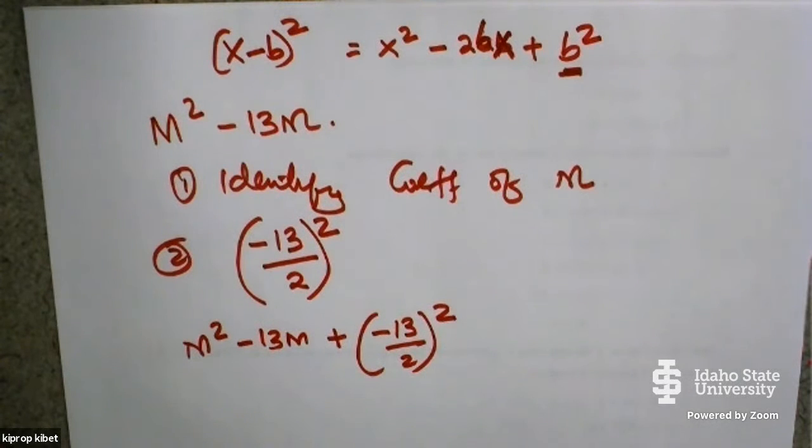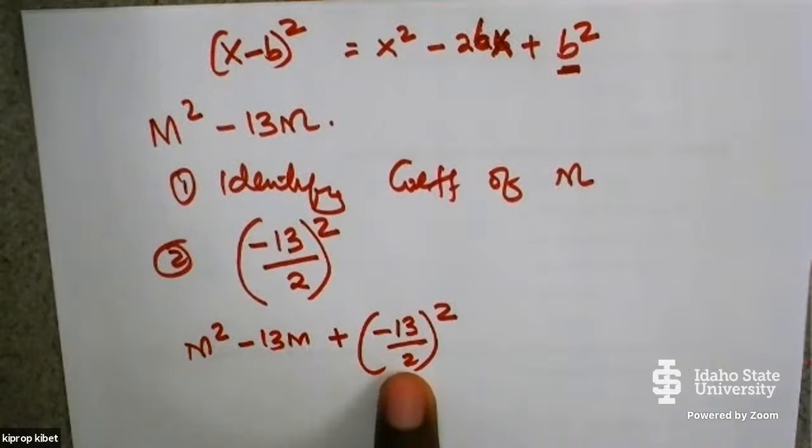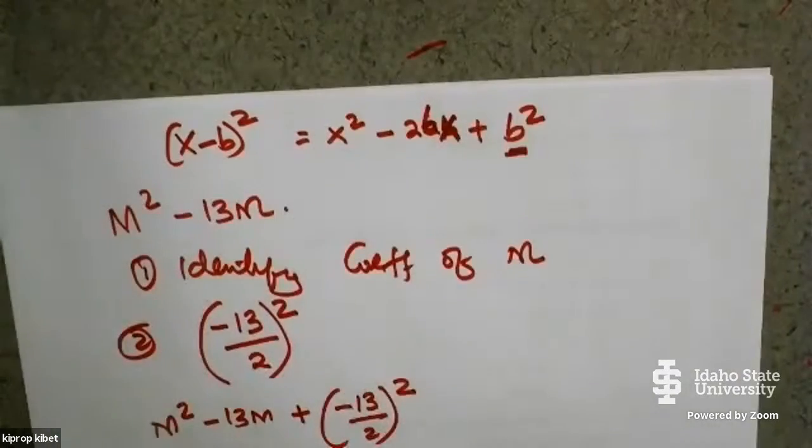Then number 3, factor the perfect square trinomial, writing it as a binomial square. So this is now the trinomial, because we have 1, 2, 3 terms. Now let's write it as a binomial, which is two terms. How will we factor this?